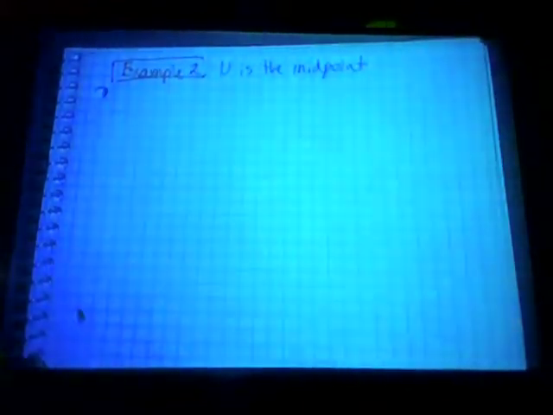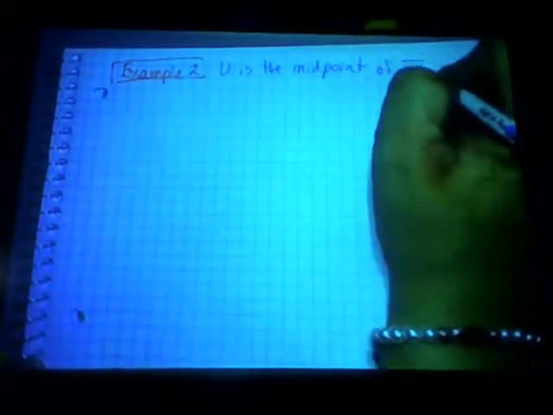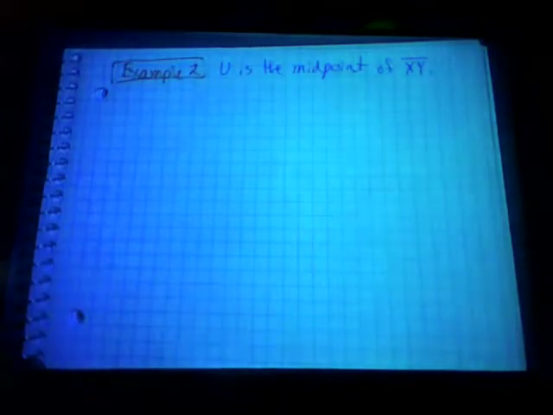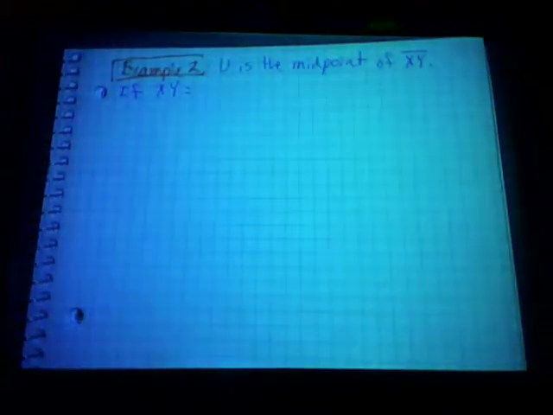It says U is the midpoint of segment XY. If XY, and when I don't put anything above XY, what is it that I'm referring to?